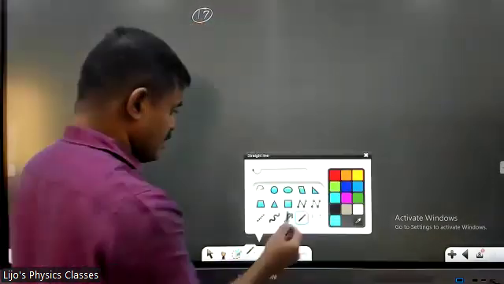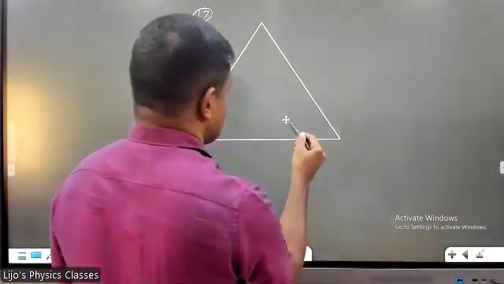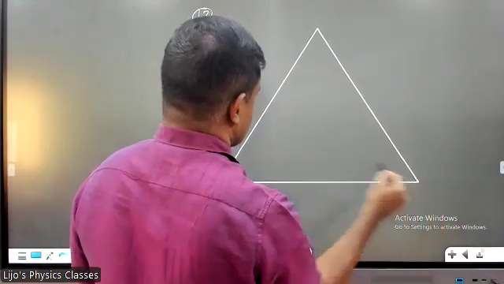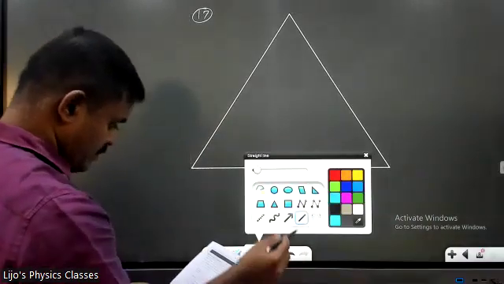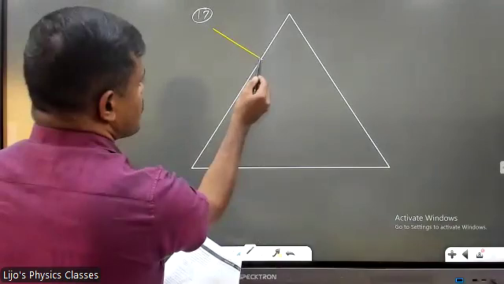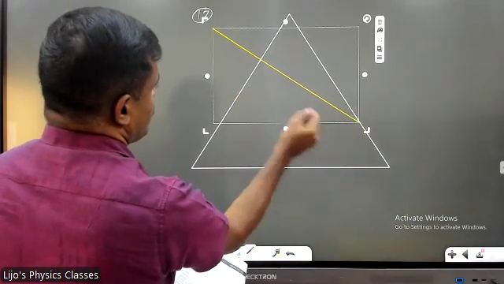17th one. Draw an equilateral triangle this time. This is an equilateral prism. Now what's the ray doing? The ray is coming in from this side. And you know what happens?